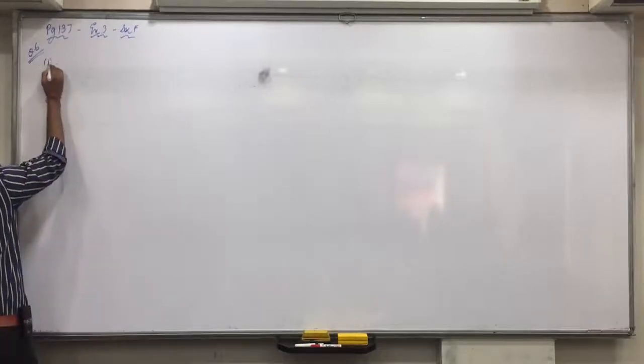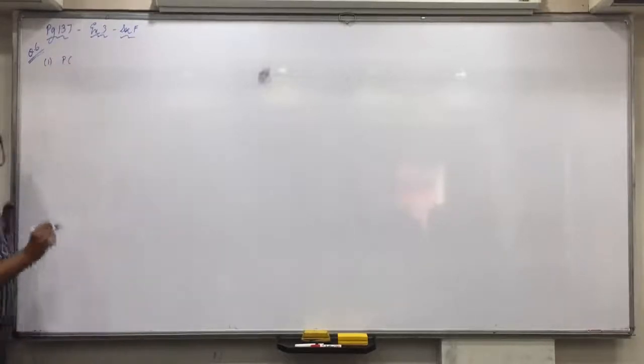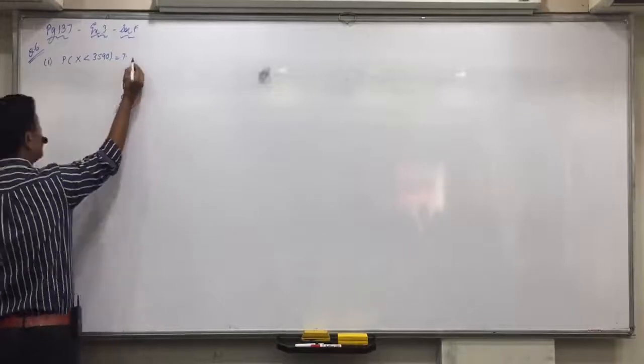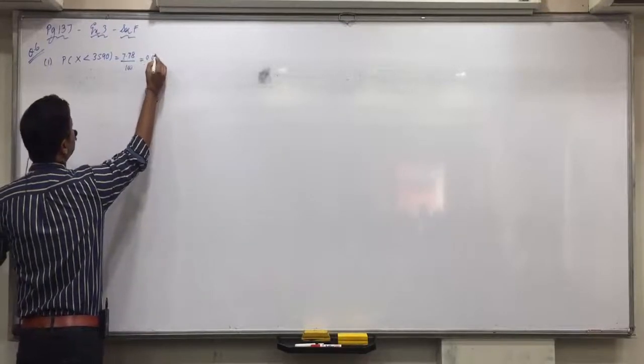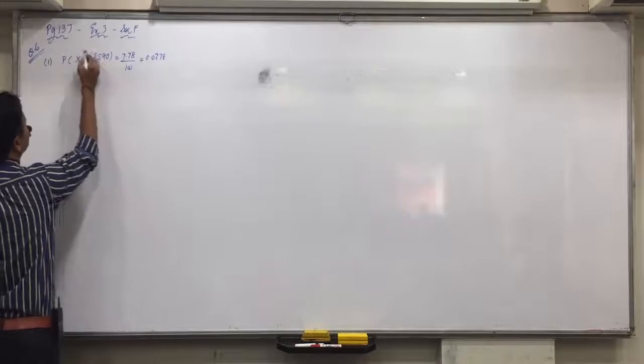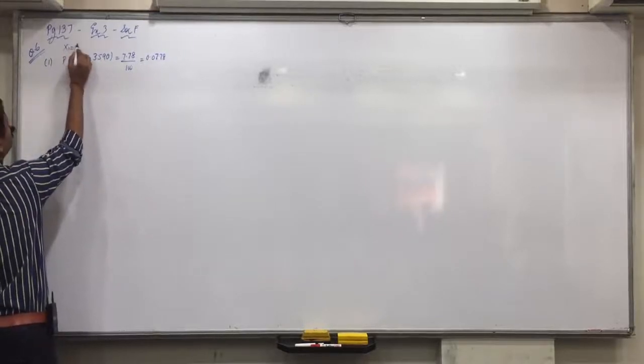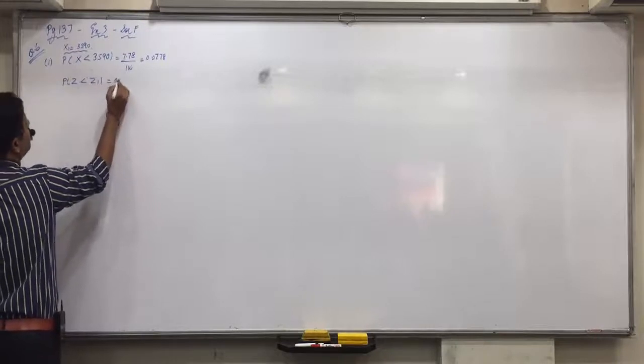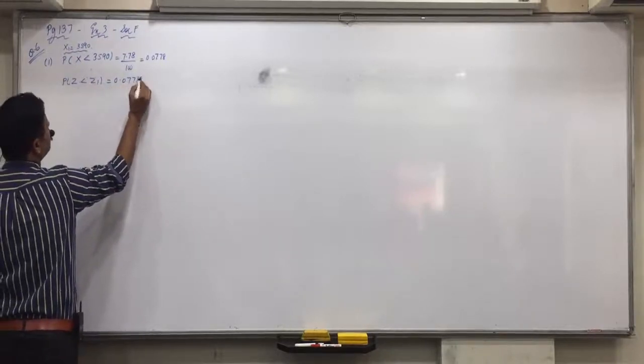Right now, as per the first information, directly we can write P of x less than 3590 is equal to 7.78 upon 100, 0.0778. So here x1 is 3590. P of z less than z1 is 0.0778.